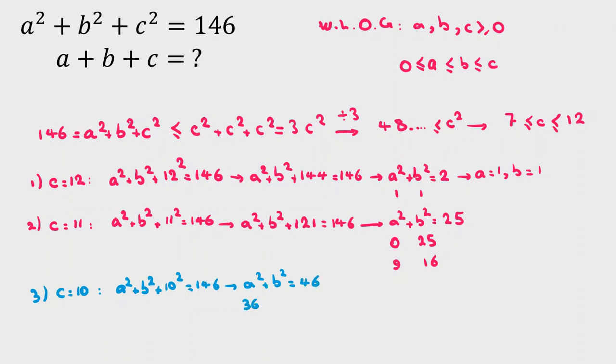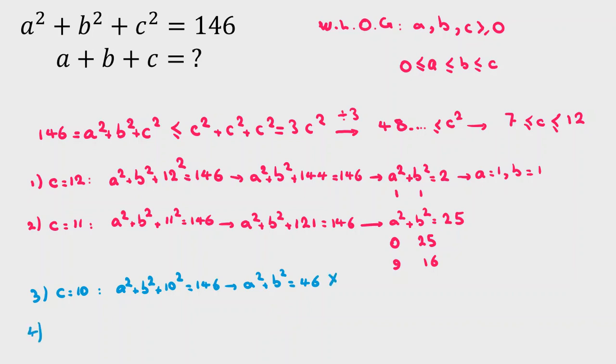Now, if we check 36, it is 10, not possible. 7 squared is 49, not possible. 36, 25: if we have 25, it will be 21. Again, not possible, and B should be greater than A. So in this case, we don't have any answer.